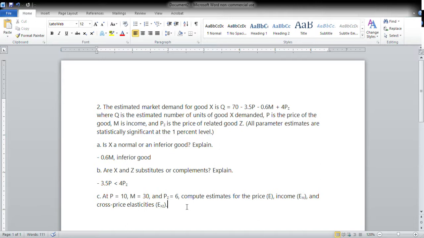Now comes the fun part, which I know you've all been looking forward to. So the first thing we do is C asks us to compute the estimates for the price elasticity, the estimates for the income elasticity, and the estimates for the cross price elasticities.